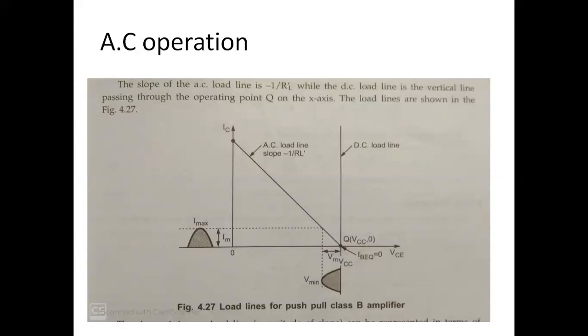How we can get this value? Already in previous sessions, we have covered how we can get the Quiescent values. Just follow that part. So here VCEQ is VCC. What about ICQ? ICQ is 0 because if you draw the DC load line with some particular slope, then this is the slope of that load line. Because of this position of operating point, there is no ICQ.